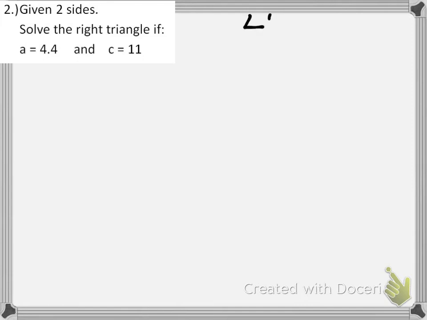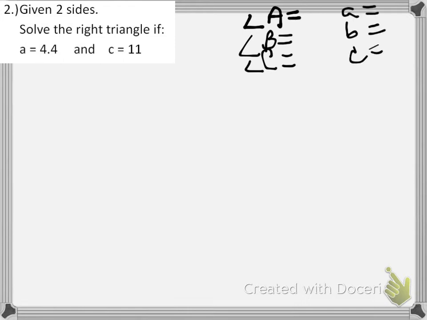So that would mean angle A, angle B, and angle C, and also side A, side B, and side C. I'm plugging in what I know. All I know right now is that side A is 4.4 and side C is 11.